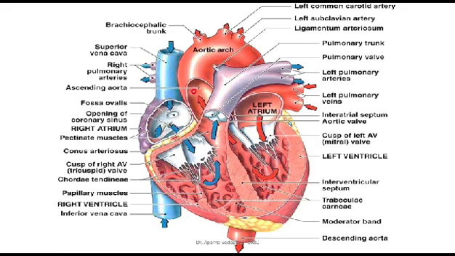And you can see there is crossing over of these 2 vessels. So how the pulmonary trunk and the aorta have spiraled over one another, all these features will be dealt with in the subsequent development of the heart and its inflow and outflow tracts.